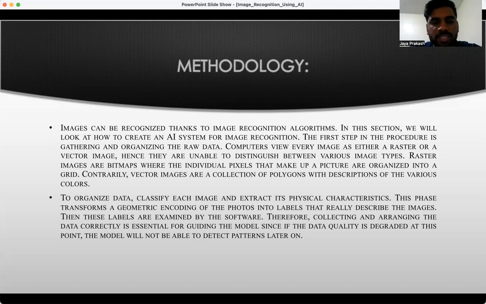This phase transforms a geometrical encoding of the photo into labels that really describe the image. Then these labels are examined by the software, therefore collecting and organizing the data correctly. This is essential for guiding the models. If the data quality is compromised at this point, the model will not be able to detect the patterns later on.